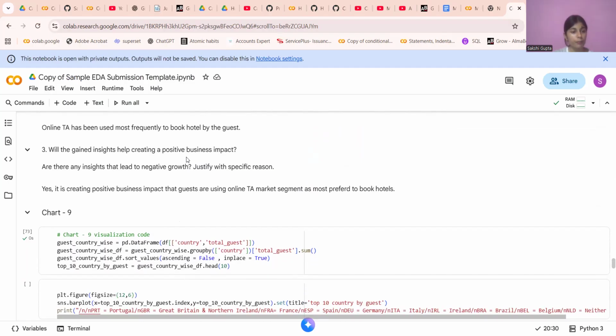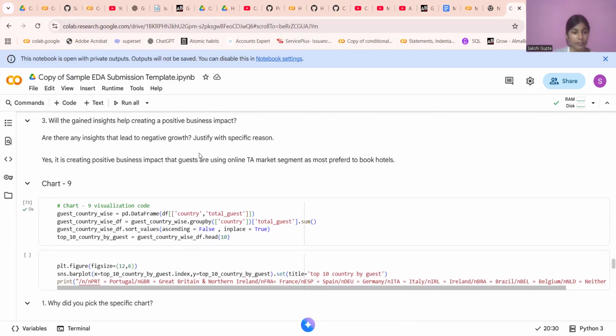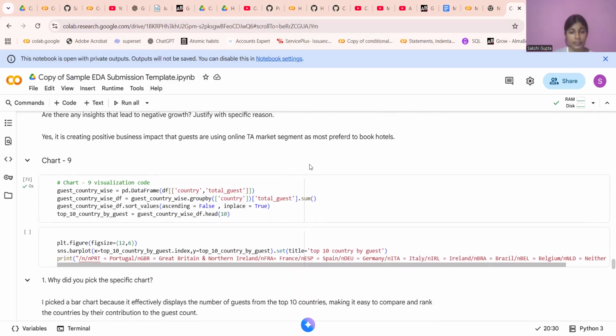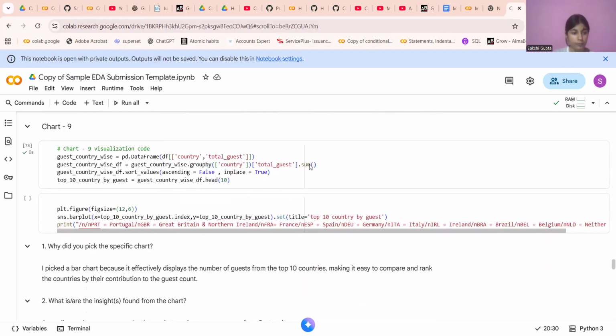Third question is, will the gained insight help create a positive business impact? Are there any insights that lead to negative growth? Justify the given reason. Then the answer is yes, it creates a positive business impact that the guests are using the online TA market segment as the most preferred to book hotels.